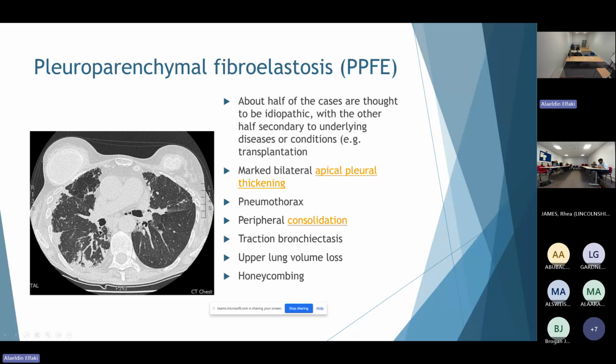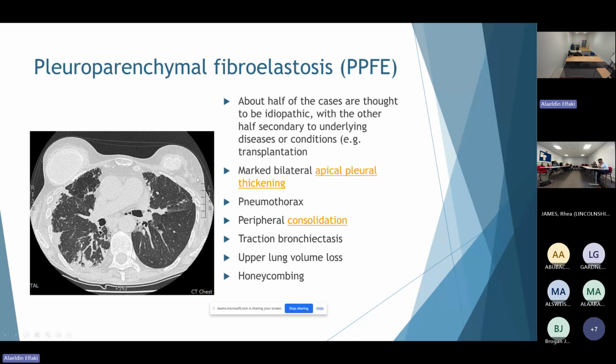We had a previous patient in the respiratory ward who presented with pneumothorax, and a CT scan showed features of pleuroparenchymal fibroelastosis. He stayed mostly 2 months in the ward because of ongoing air leak. So a very devastating condition.